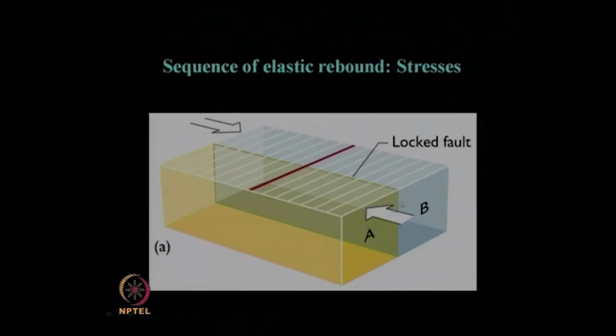So, initially this is a single rock block with some weakness within it, which is mentioned here as a locked fault. Locked means this fault was not initially visible. Okay? So, no movement, no fracture, nothing occurred at this fault. That is why it is a locked fault.